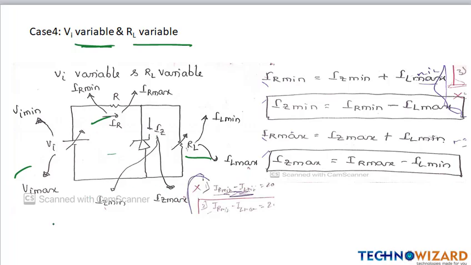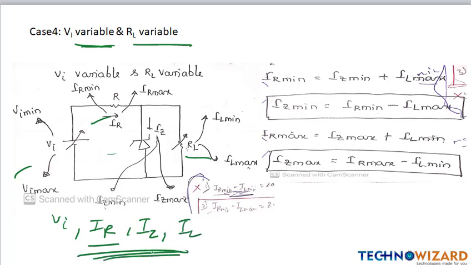In this, each and every term, whether it is the input voltage, the current flowing through the resistance, the Zener current or the load current, all will vary from minimum to their maximum value. So how can we write the equation? We know that IR is equal to IZ plus IL.